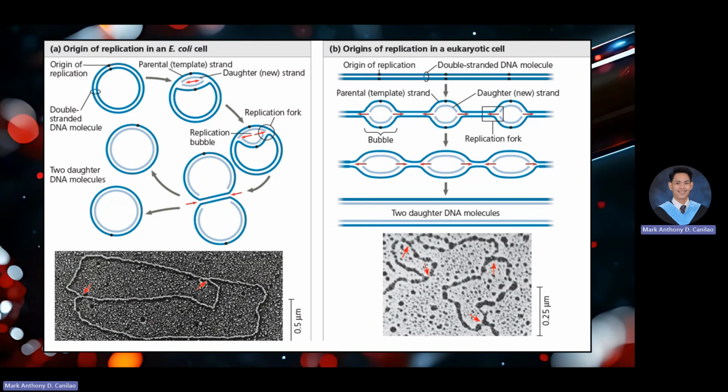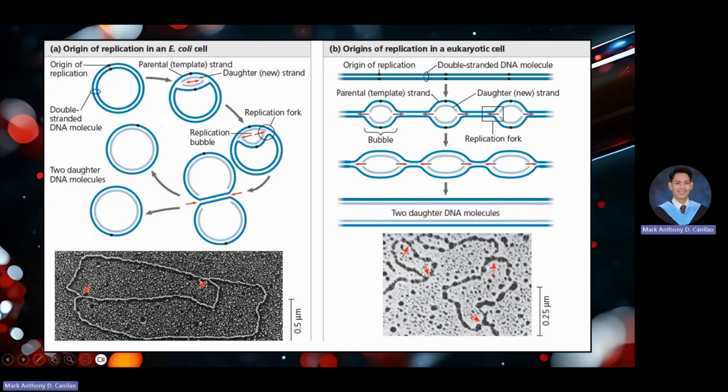On the other hand, we also have the replication of the eukaryotic cell. In this part, as you can see, there are bubbles that are formed in the process. Again, helicase works just like a zipper that is used to unwind or unzip the whole DNA template strand.